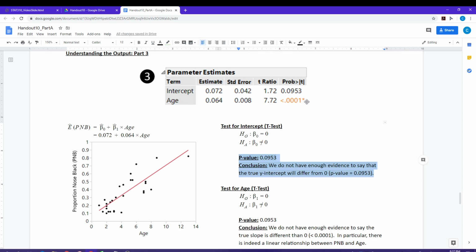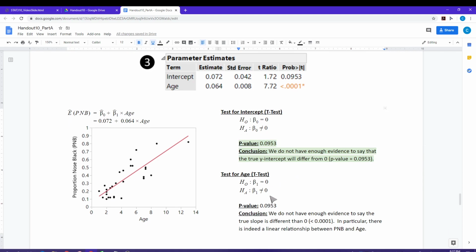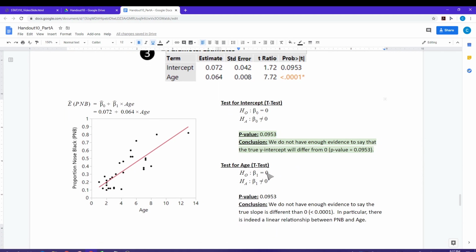Okay, how about the one for the slope, or the age row here? Well, that is testing whether or not the slope is equal to 0. So is the slope equal to 0 or not? And the p-value here, which is a typo, is less than 0.0001. We're getting that from this quantity right here.